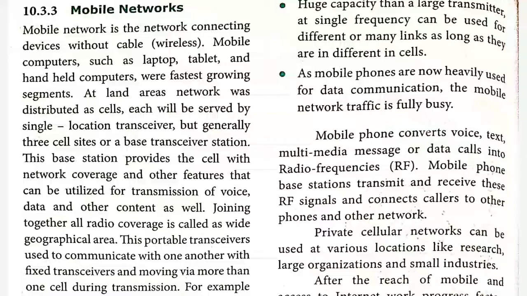Joining together all radio coverage is called a wide geographical area. All the cells can be interconnected with the tower, so that the mobile devices will connect to this tower and share voice data or internet data. Any kind of data can be shared by using this cell tower.